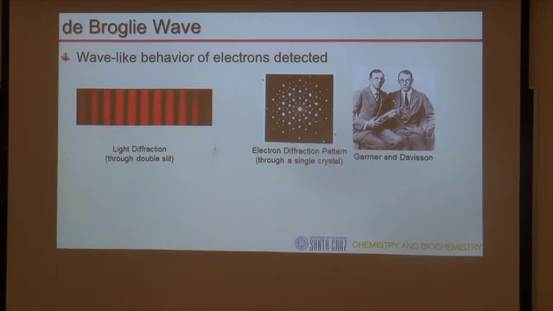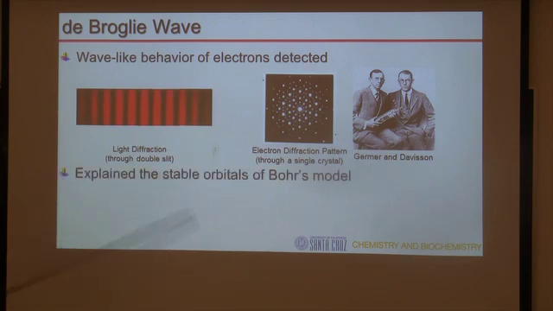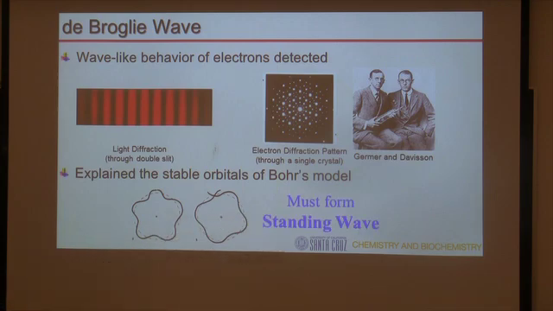Another advantage of de Broglie wave theory is that it can explain the stable orbitals of Bohr's model. As I mentioned before, Bohr's model could not explain that. But based on de Broglie wavelengths, we know the electrons moving within the orbital must form a wave. So in order for the orbital to be stable, it must form a standing wave, like this case, not this case. This case is not acceptable.